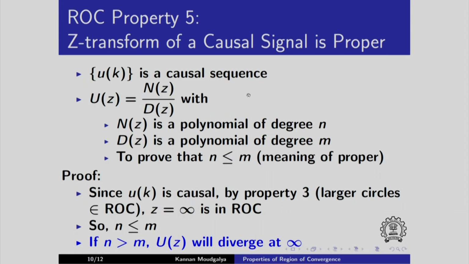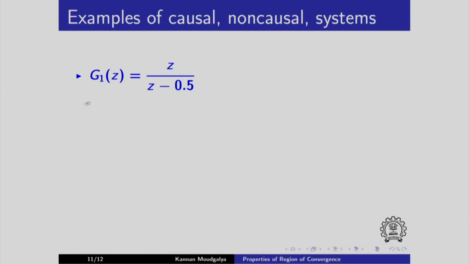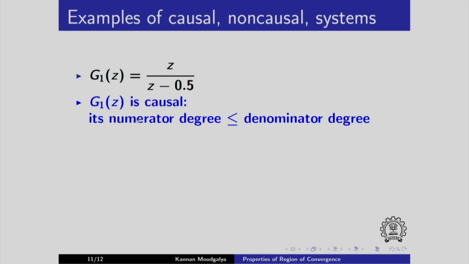So all these are fundamental properties of region of convergence. Let us give an example of this. We will take the same g1, and we see that G1(z) is causal, its numerator degree is less than or equal to denominator degree.